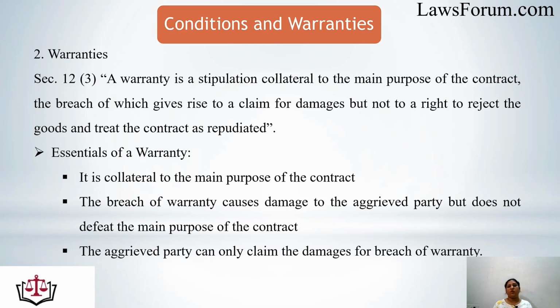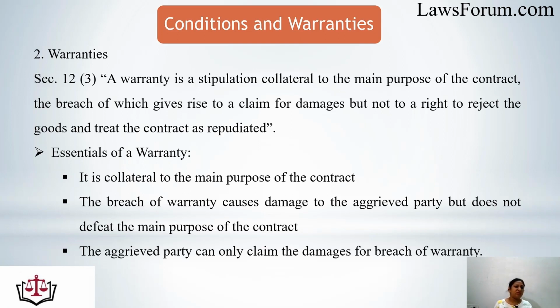So now let's talk about warranties. What is the meaning of warranty? Section 12 subsection 3 explains the meaning of warranty. A warranty is a stipulation collateral to the main purpose of the contract. Whereas a condition goes to the main purpose of the contract, a warranty is collateral to the main purpose of the contract, the breach of which gives rise to a claim for damages, but not to a right to reject the goods and treat the contract as repudiated, which was possible in the case of conditions.